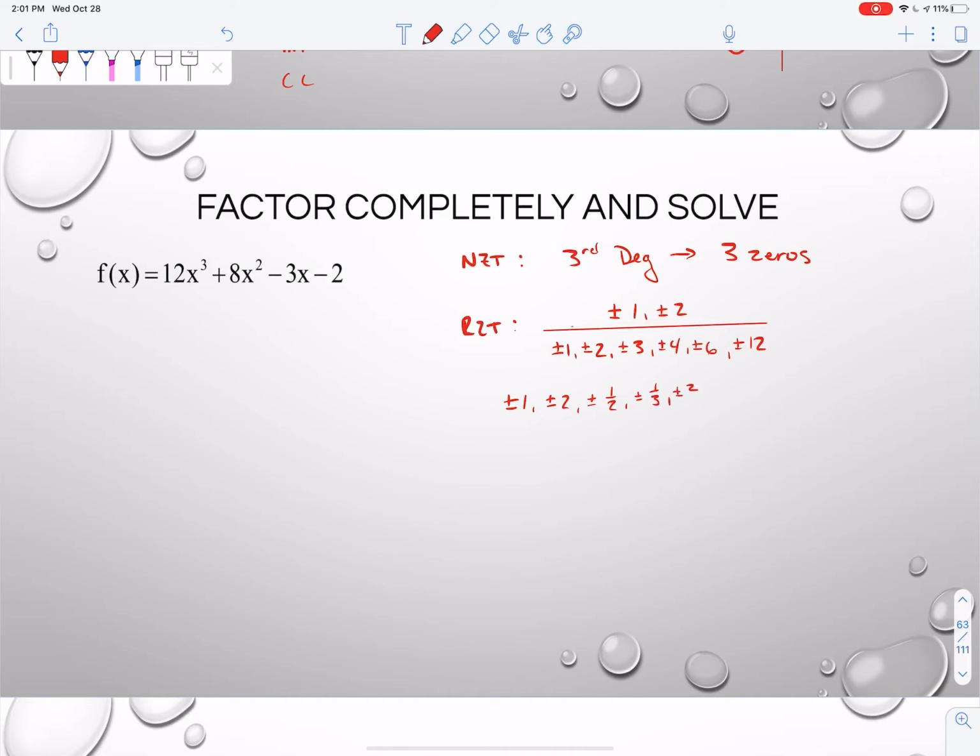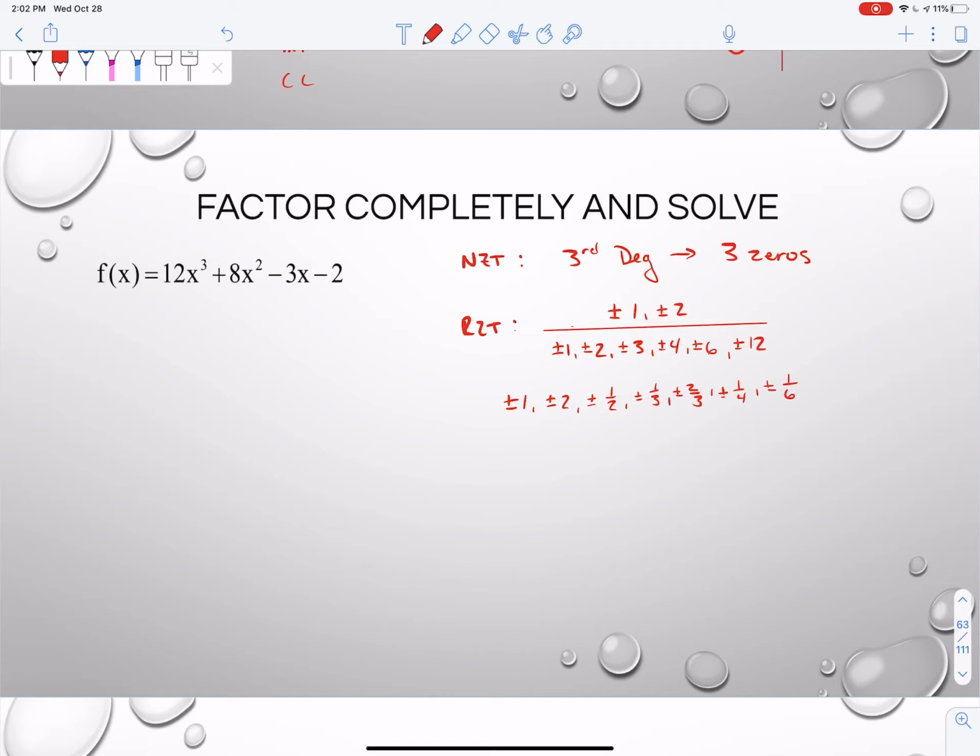Then plus and minus 1/4, and plus and minus 2/4, which is 1/2. Then plus and minus 1/6, and plus and minus 2/6, which is 1/3, which I've already written down, and plus and minus 1/12, and possibly plus and minus 2/12, which is 1/6, so I don't need to write that one twice. This is my list of factors.